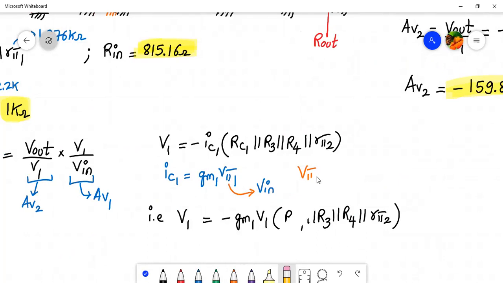Let me use the orange color. So now we write the expression here. Instead of V pi 1, this is V in, gm1 into V in.